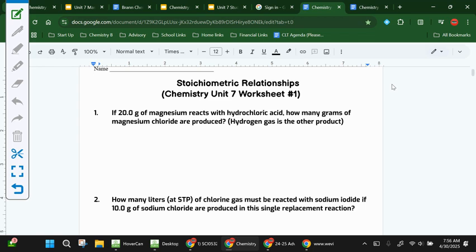Hydrochloric acid. Name starts with hydro, ends with ic. That means it's this kind of acid. Okay. But you forgot something about this one here. Something that you have listed.